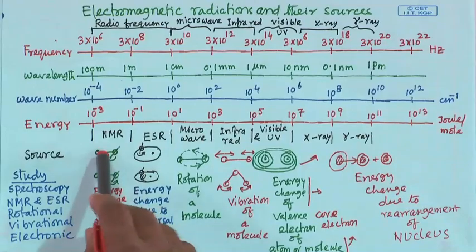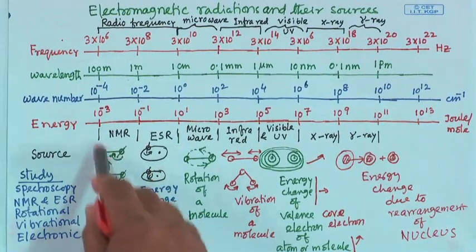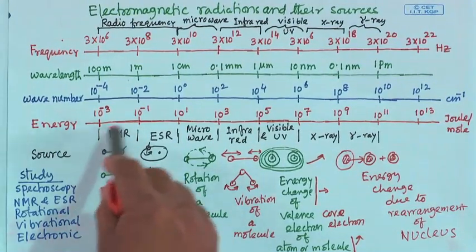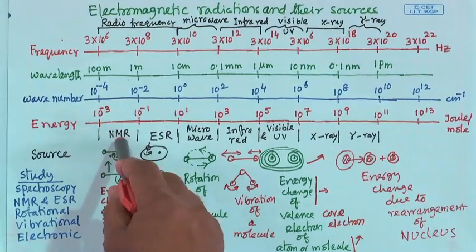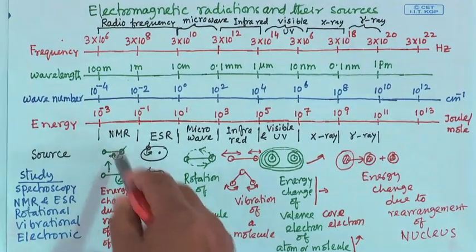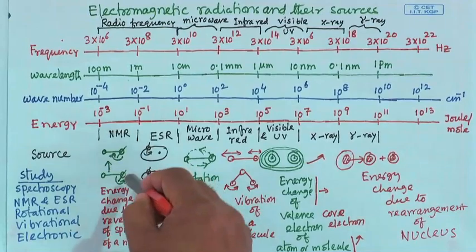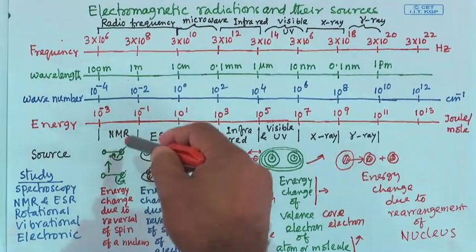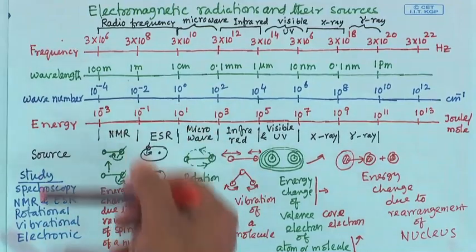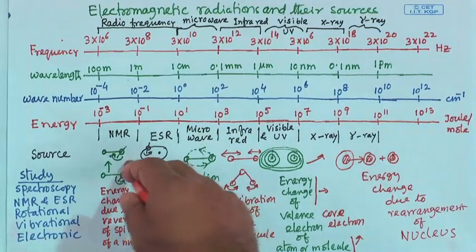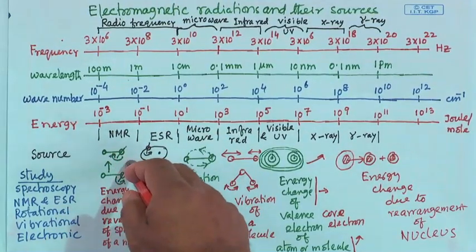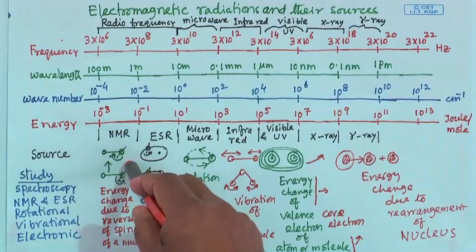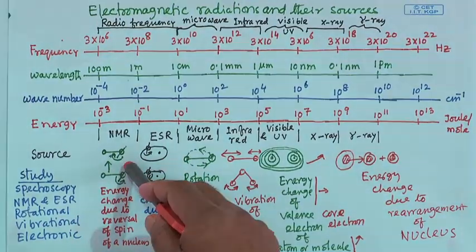Say the nuclear spin is in this direction. If it changes from this direction to the other direction, because of the reversal of this nuclear spin there will be a change of energy. That change of energy will come out as radiation.